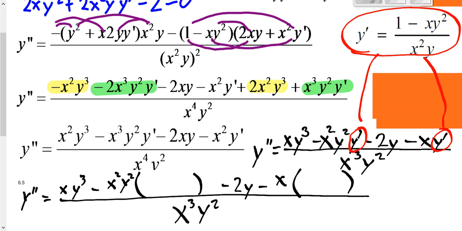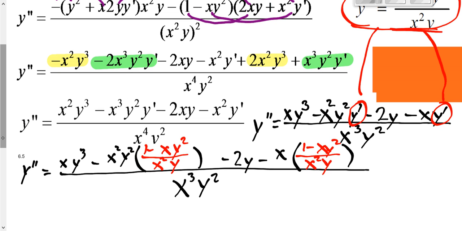Now, instead of writing y prime, I'm going to write what this is right here, which is a 1 minus x y squared over an x squared y. Same thing in this spot. So now I actually have these red fractions in the top of a bigger black fraction.